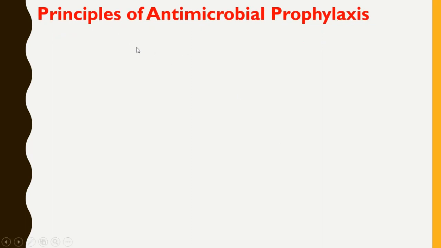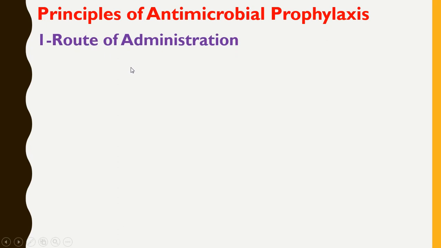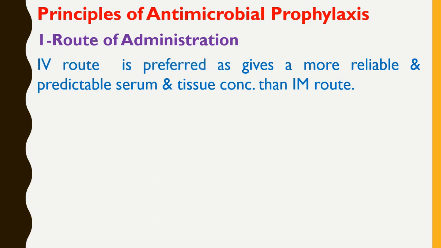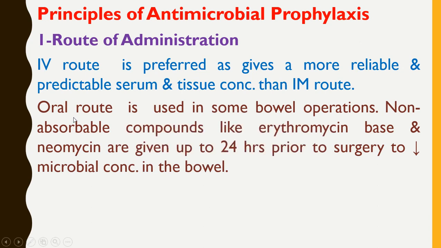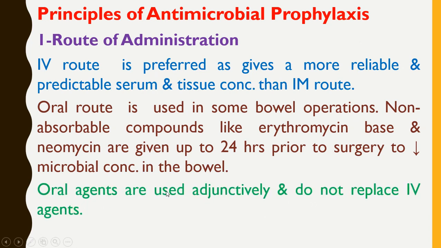The principles of antimicrobial prophylaxis. The first is the route of administration. IV route is preferred as it gives a more reliable and predictable serum and tissue concentration than IM route. Oral route is used in some bowel operations. Non-absorbable compounds like erythromycin base and neomycin are given up to 24 hours prior to the surgery to decrease the microbial concentration in the bowel.